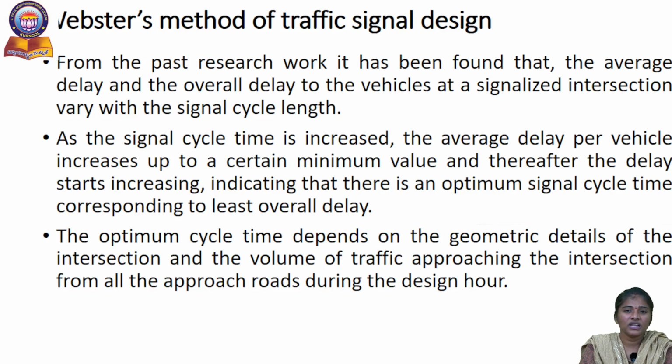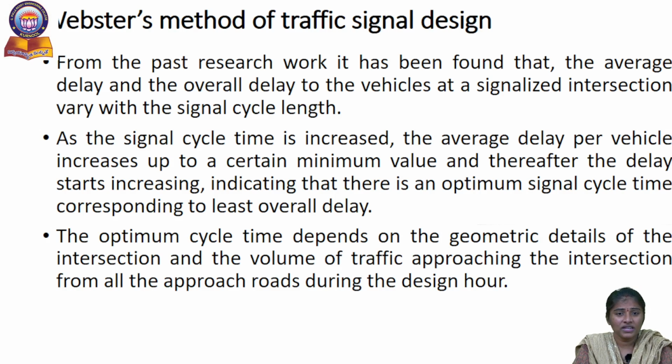So for signal design, we have a famous method here, that is the Webster method of traffic signal design. Here the past research work says that the average delay and overall delay to the vehicles at a signalized intersection vary with signal cycle length.